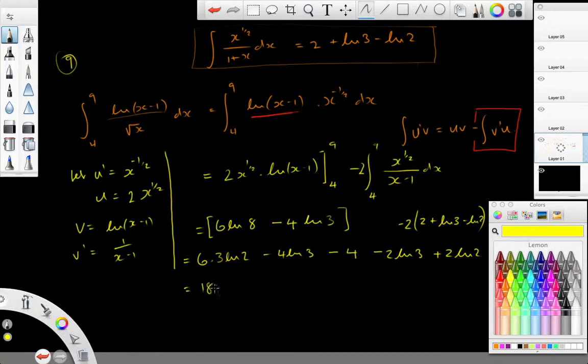That's going to give me 18 log 2 minus 4 log 3 minus 4 minus 2 log 3 plus 2 log 2. So 18 log 2 plus 2 log 2, that's 20 log 2, minus 4 log 3 minus 2 log 3, that's minus 6 log 3, minus 4.